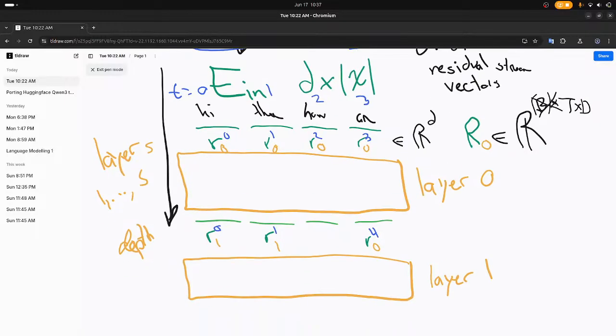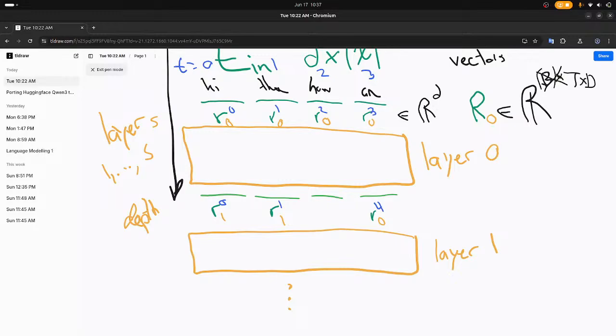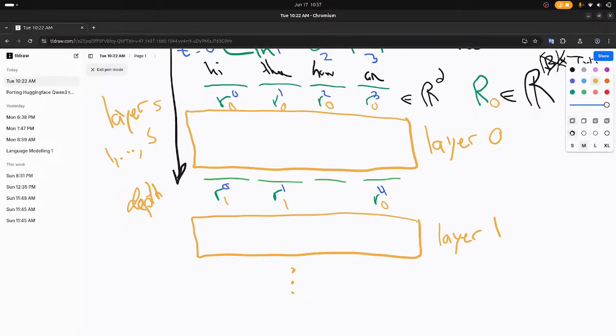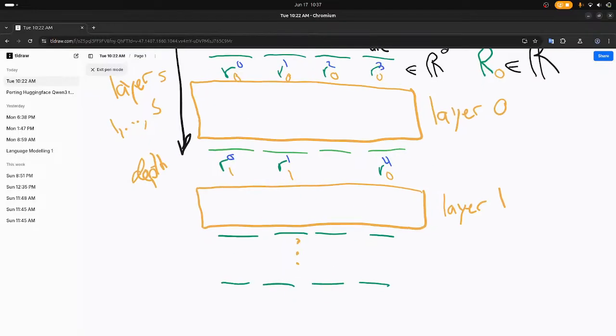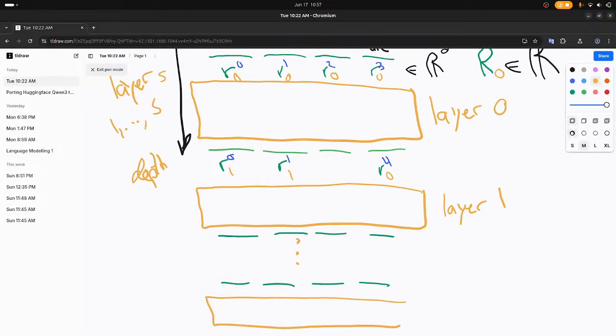And then at the very end, so we continue down, and to make sure you're with me here, we get 1 here, and then we get the last layer, layer S, or S minus 1 I guess, because we have 0 to S minus 1.